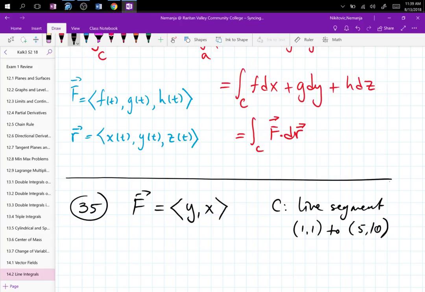Great. We are supposed to calculate the line integral for it.